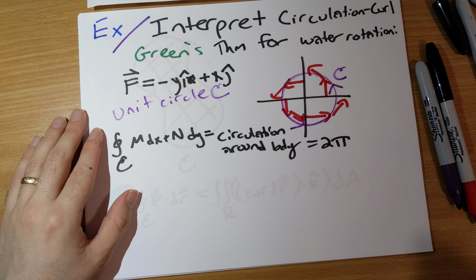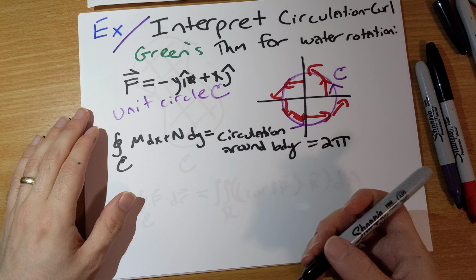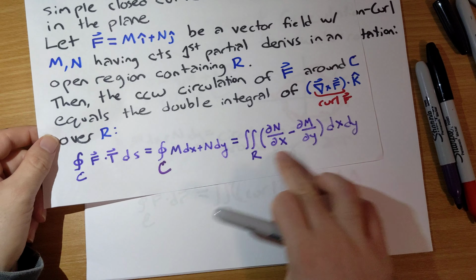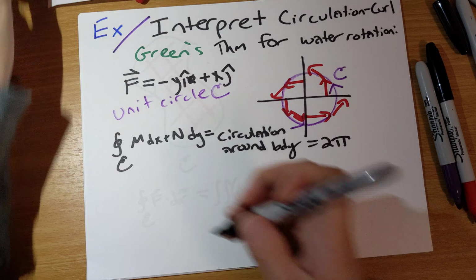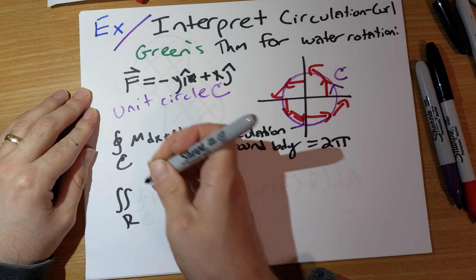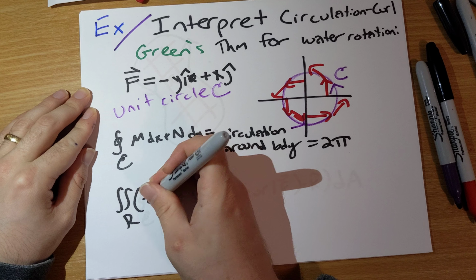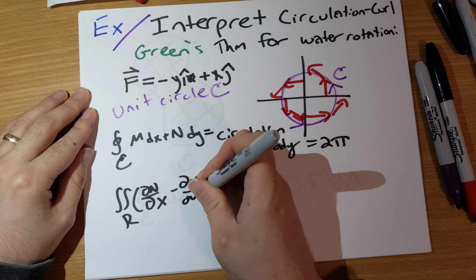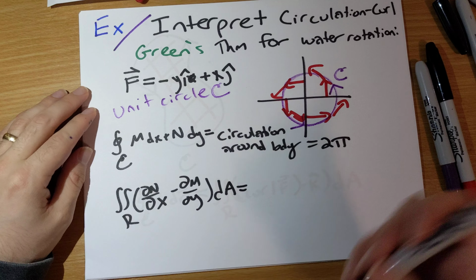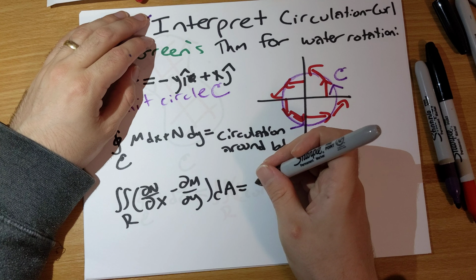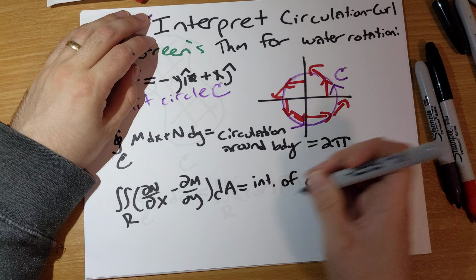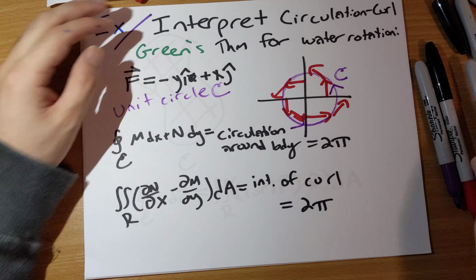It's 2 pi. But then the other side here, the curl integral, the double integral over R of partial N partial x minus partial M partial y dA, this is the integral of curl here, and this is also equal to 2 pi.